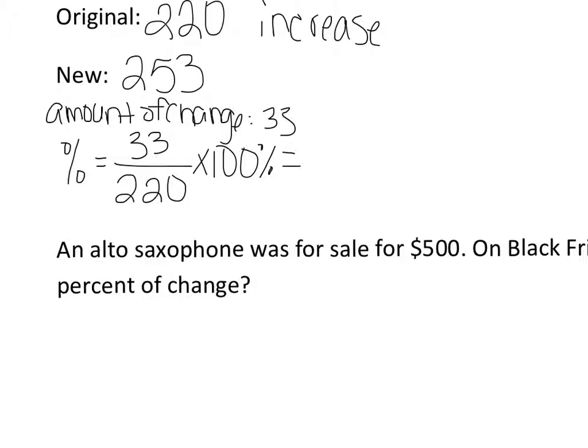When you actually divide 33 over 220, you should get 15/100ths. So what is my percent of change? It should be 15%. I'm just going to give you the division answers unless you guys want to work them out, in the essence of saving time.